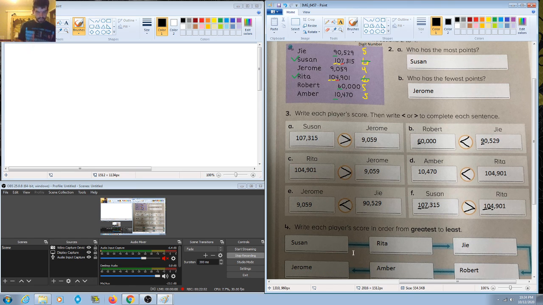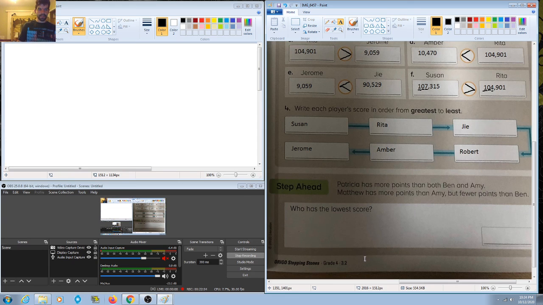Alright, and then we'll look at the step ahead question. It says Patricia has more points than both Ben and Amy. Matthew has more points than Amy, but fewer points than Ben. Who has the lowest score?